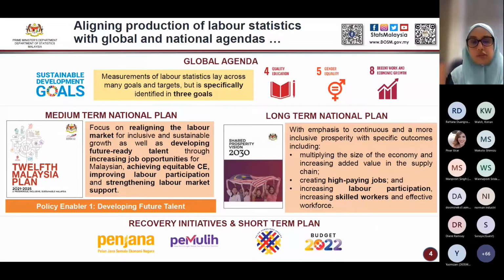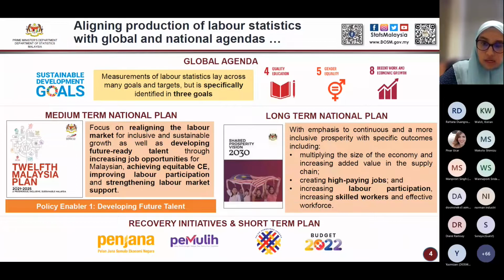So basically, I was talking about aligning the production of labor statistics in the country with global and national agenda. As you may see, the focus in the country is to realign the labor market through developing future-ready talent, increasing job opportunities, achieving equitable compensation of employees, improving labor participation, and strengthening labor market support.